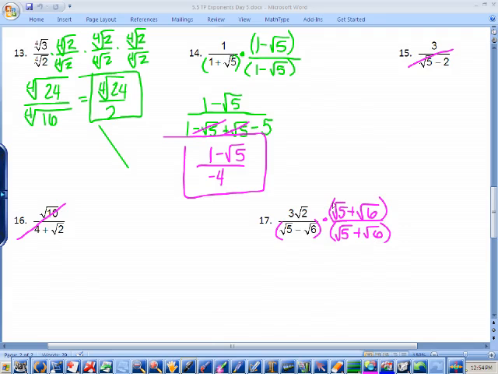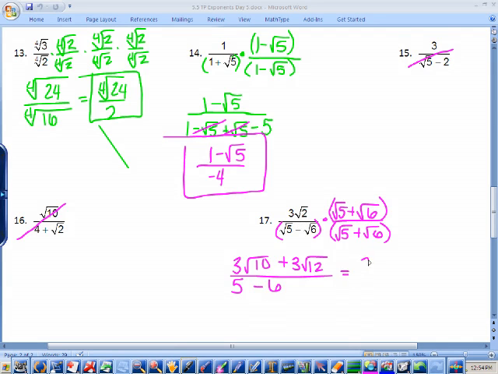So if I distribute 3 root 2, I'm going to end up with 3 root 10 plus 3 root 12 over root 5 times root 5 is 5. And then I would get positive root 30 and negative root 30, so those would end up canceling. And what's negative root 6 times positive root 6? Negative 6.